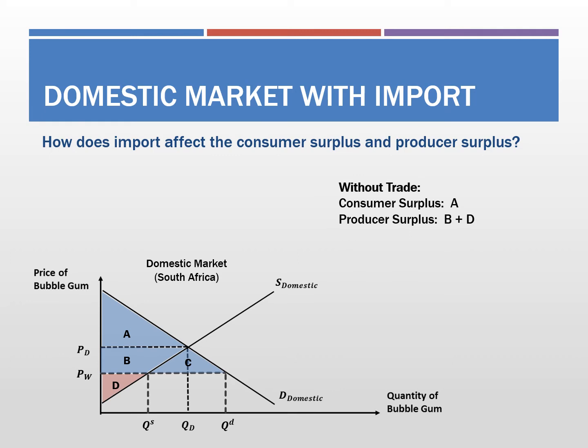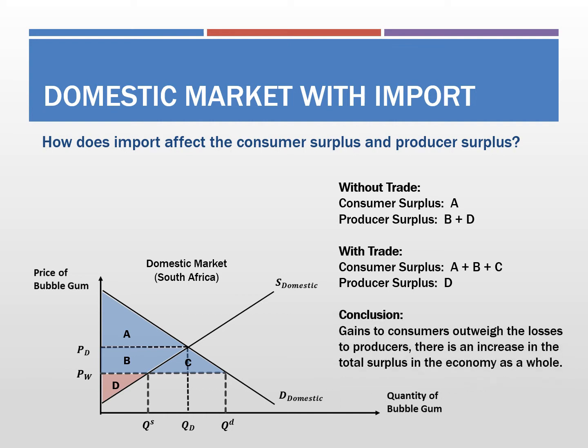When we are doing without the trades, as you can see from the graph, the consumer surplus is A, and the total producer surplus is B plus D. However, when we have an open economy, the consumer surplus will be A plus B plus C, and the producer surplus will only have area D. But the total surplus will still be greater than the domestic market selling without any trades.